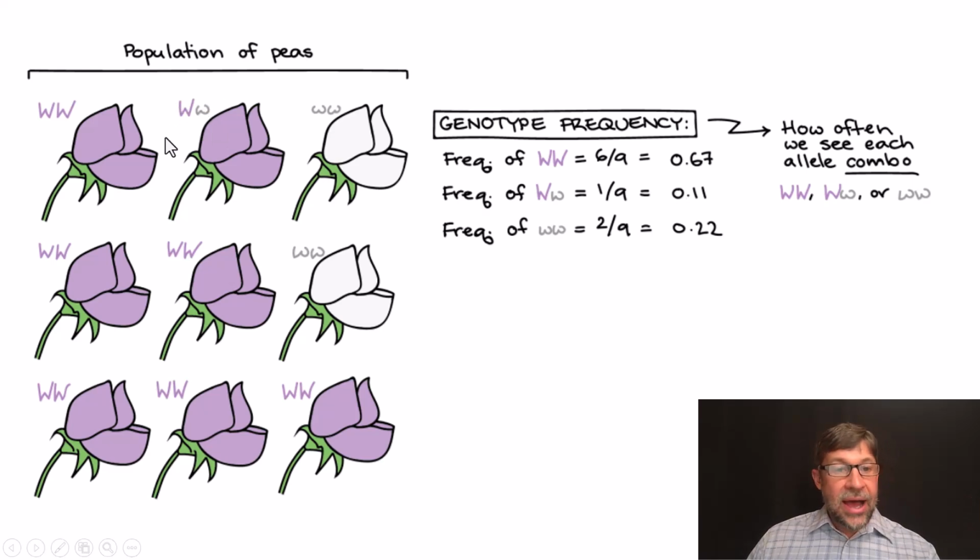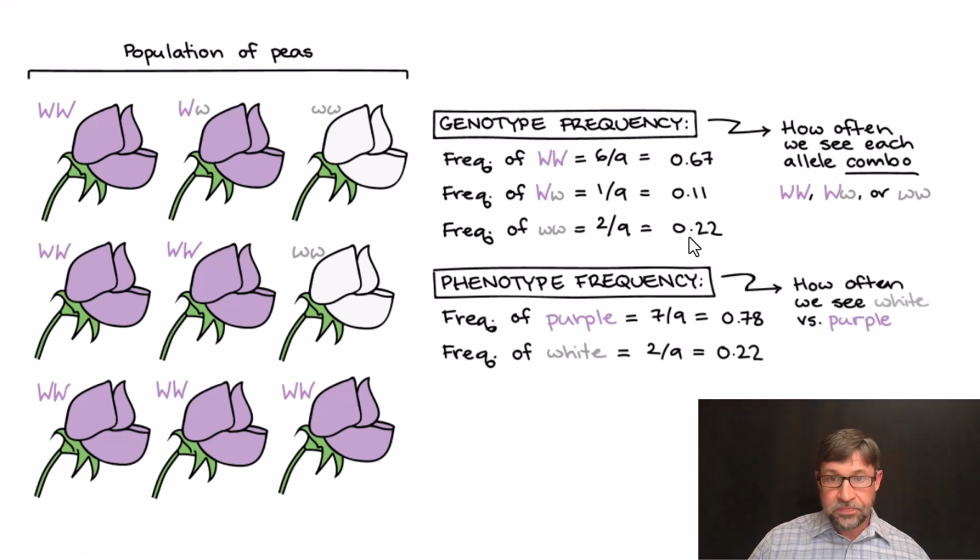Likewise, 1 out of 9 is heterozygous, or 11%, 0.11, and then 2 out of 9 exhibit the genotype little w little w, they're homozygous recessive. And if you look, 0.67, 0.11, and 0.22 adds to 1 because there's only 3 genotypes.